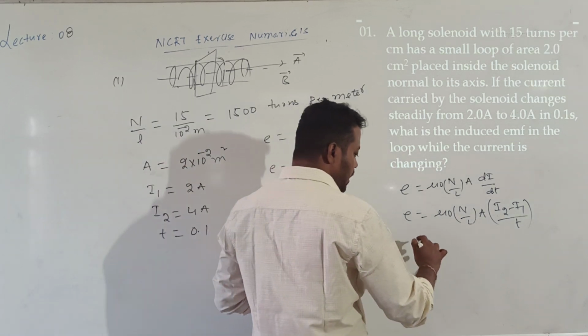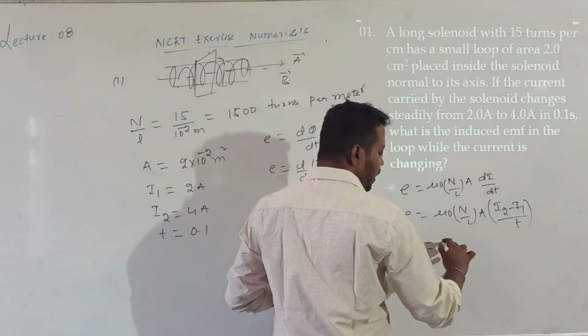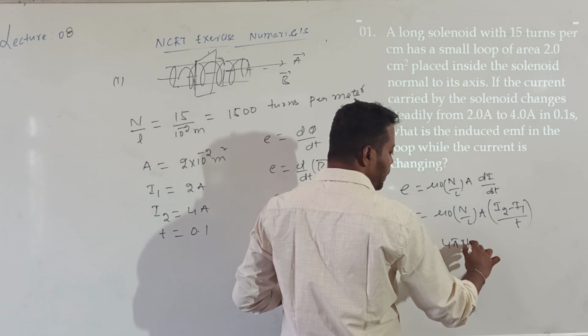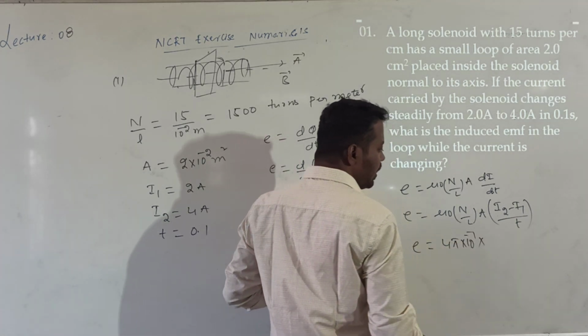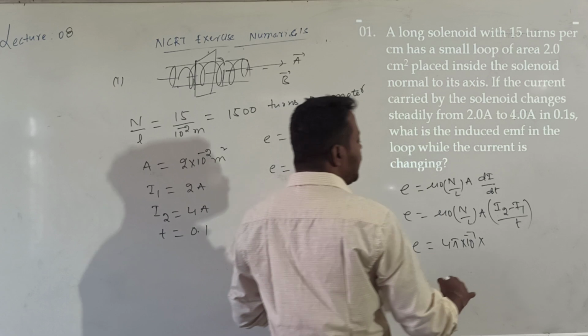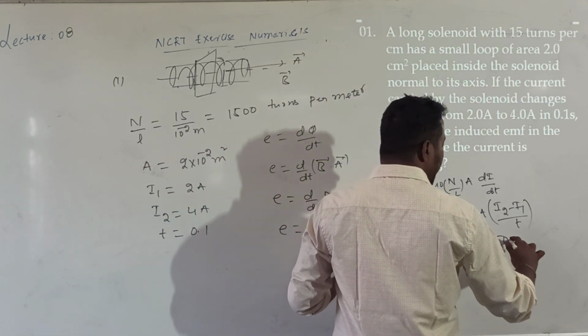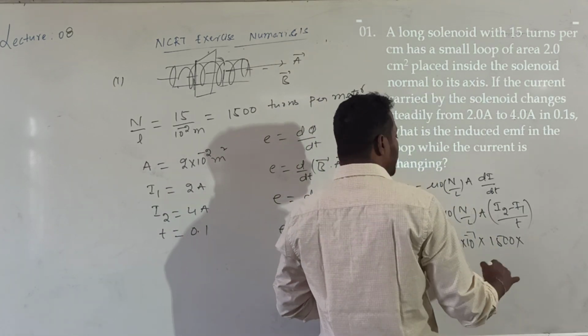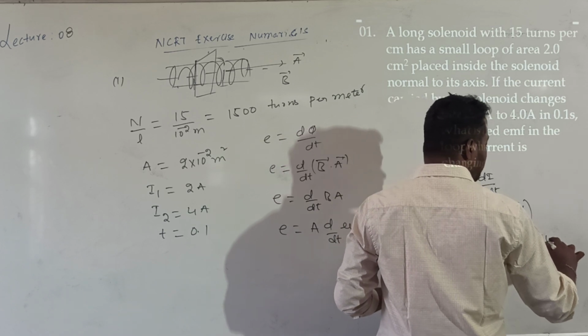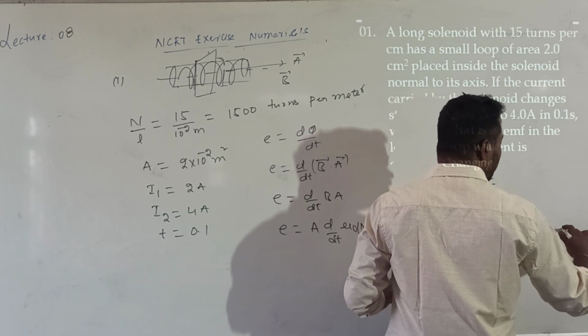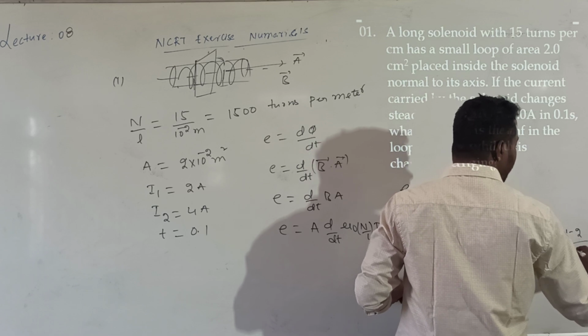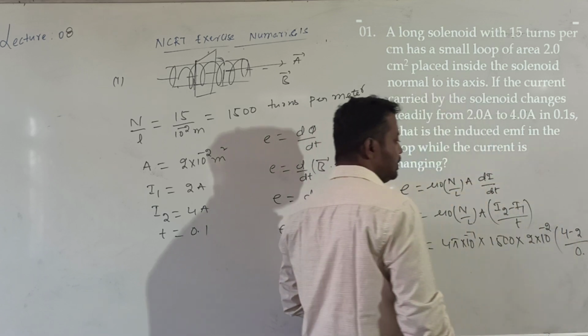So what will I get? E value, mu naught value 4 pi into 10 power minus 7. Correct? N by l value 1500, into area value 2 into 10 power of minus 2, into I2 value 4 minus 2 divided by 0.1.